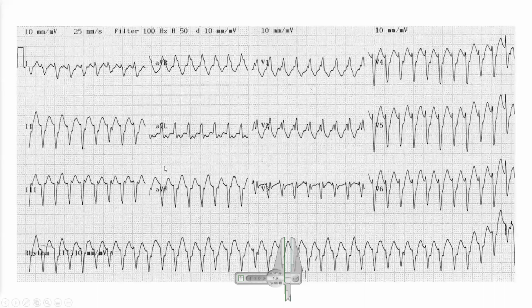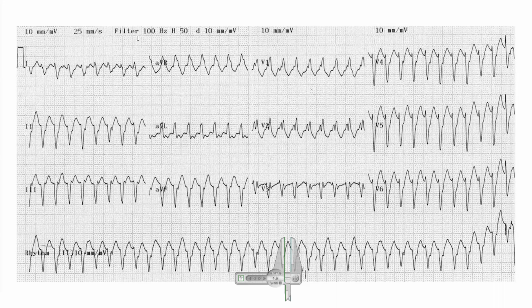The reason is that it tells us whether what we're seeing is actually ventricular tachycardia, or simply a supraventricular tachycardia with aberration.